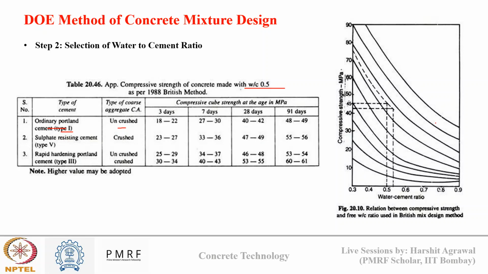Then with this strength, we go to the curve and find where the strength will lie on the W by C ratio 0.5 line, and then we draw a parallel curve through that, and from that we get the actual W by C ratio that we need to take for the strength that we require.